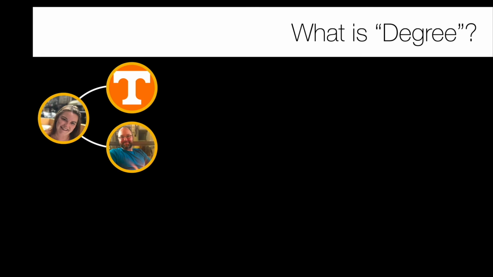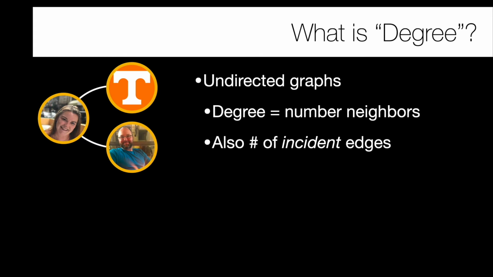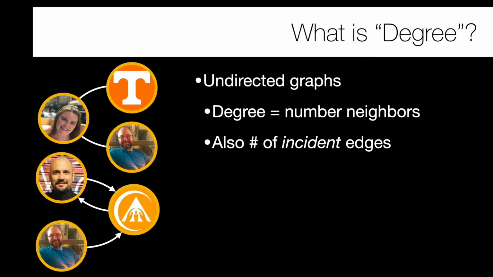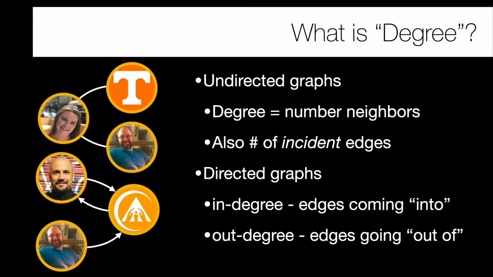We can see this as well in undirected graphs from our social media example of my wife and the Tennessee Volunteers, where degree is just straight the number of connected neighbors, or the number of so-called incident edges. We can do the same thing with a directed graph and say the in degree is the number of edges coming into a particular node, and the out degree is the number of edges originating from that particular node.